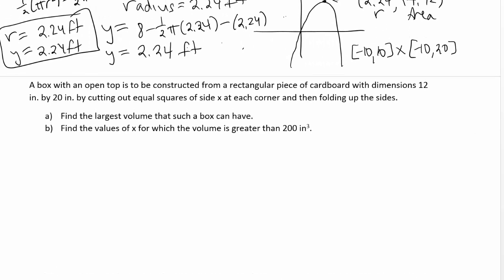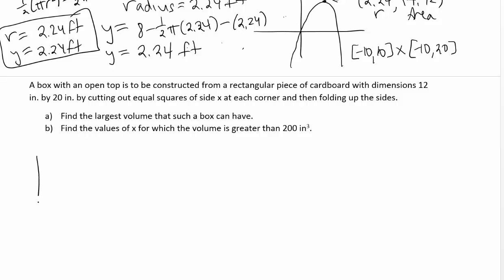Okay, the next example is another very famous kind of math problem that you'll see not just in this class, but in many other future math classes that you take. And this is called the box problem. So here's what we're doing. We're going to create our own box. And we're going to do that by taking a rectangular piece of cardboard that in this case is 12 inches by 20 inches.